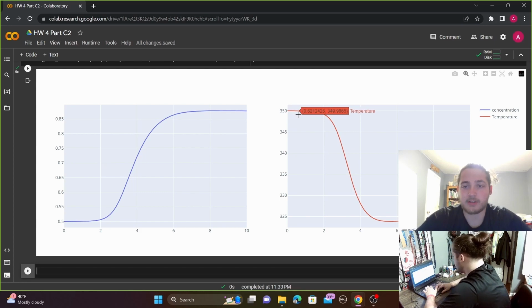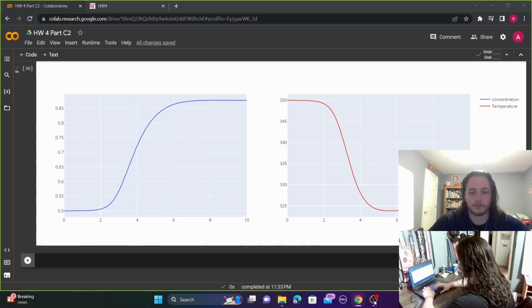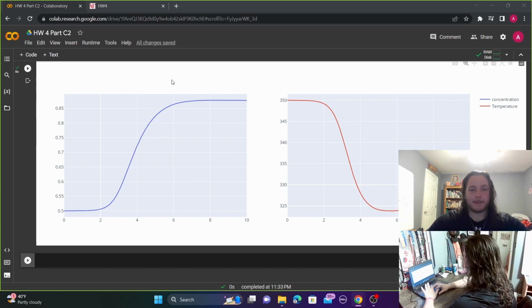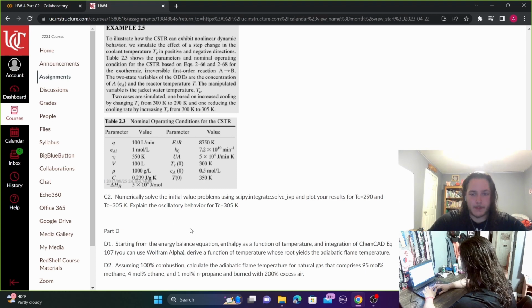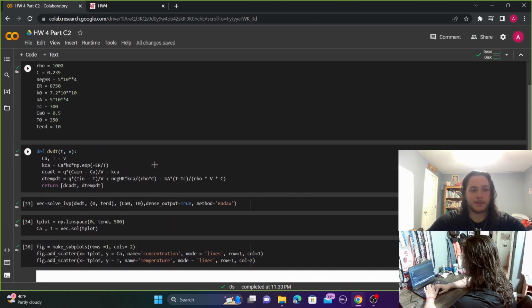And for our temperature, you can see that it starts very high, and then it starts slowly decreasing, and then rapidly speeds up to a very low value. So now that we have these two graphs here, our next step is to change the temperature to 305 and see what we get.